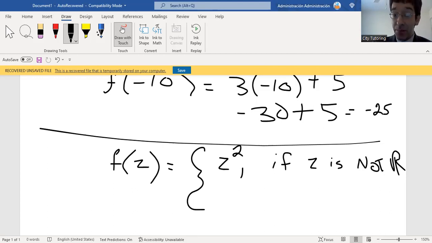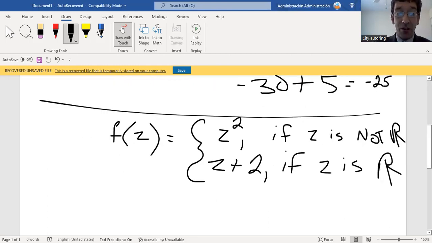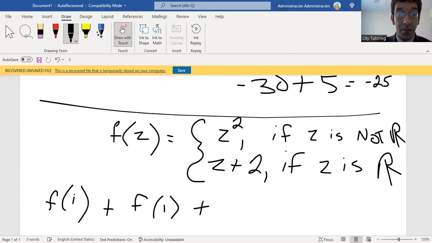And it's z plus 2 if z is real. All right, so with these constraints, what if you had a problem that said f of i, imaginary or complex, plus f of 1 plus f of negative 1 plus f of negative i.